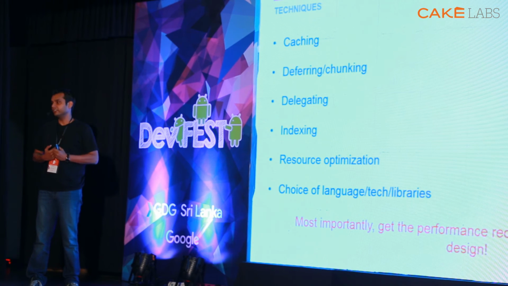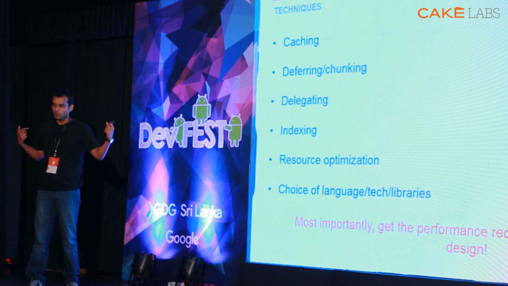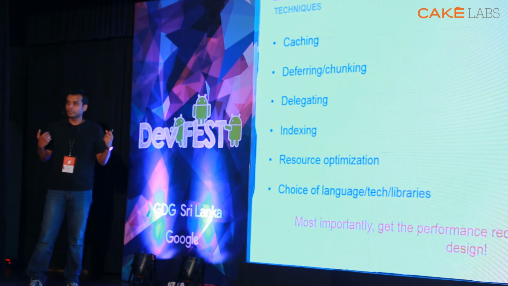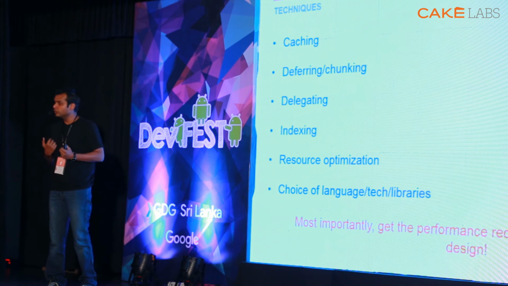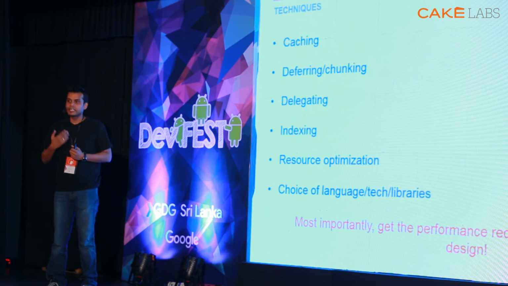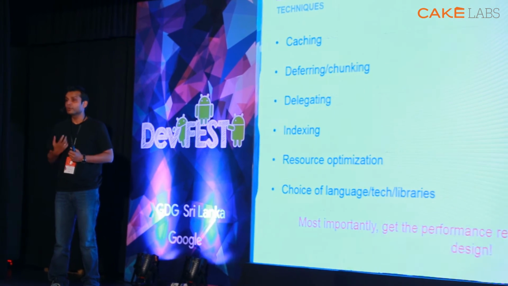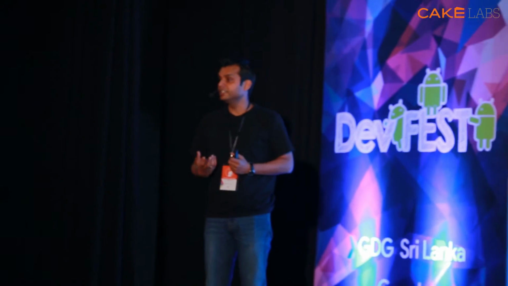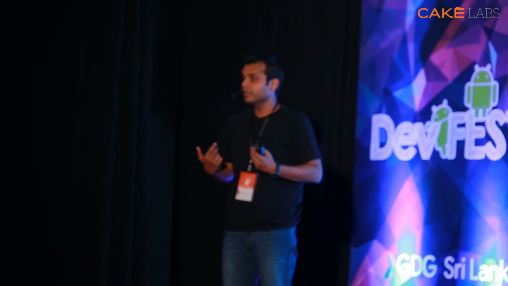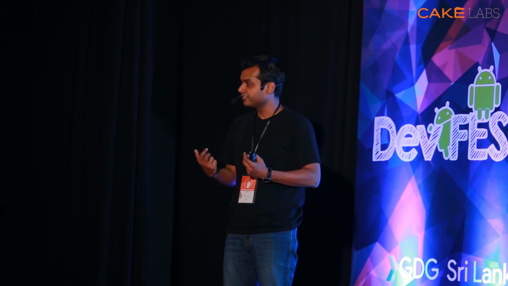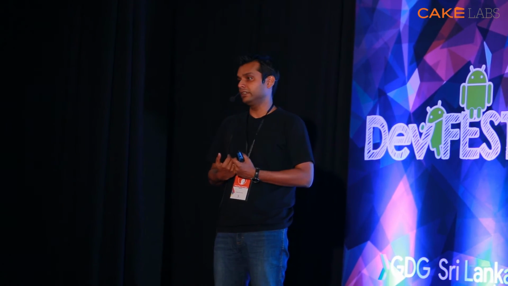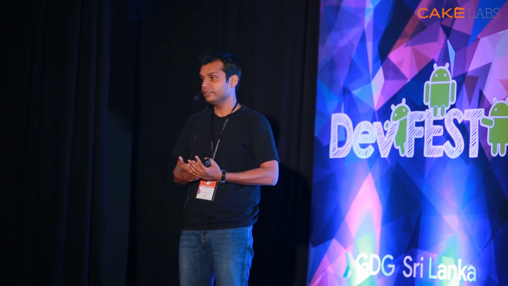Deferring and chunking is this. Let's say you have a very long operation. Especially if you're on a single-threaded application, as long as it is doing something, it is holding its breath. It's not breathing. So if you do it for a long time, everybody around it will think that the process is dead, drop connections, all these things happen. Especially in an environment like JavaScript, which is strictly single-threaded.